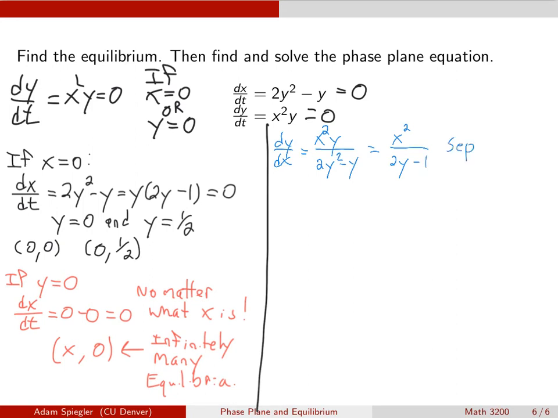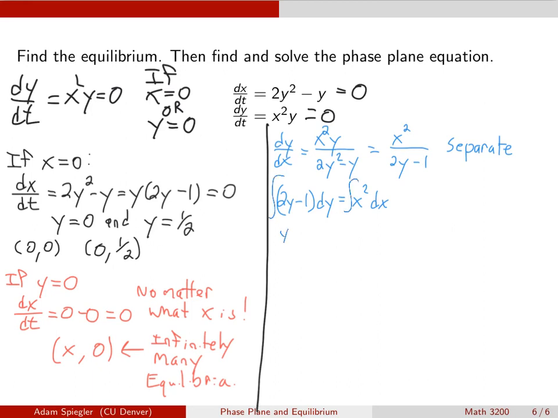And yes, once again, this is a separable differential equation. So we can separate our x and y terms. I can bring the 2y minus 1 over to the left side, and I bring my dx over to the right side, and we've got pretty simple integrals on each side.